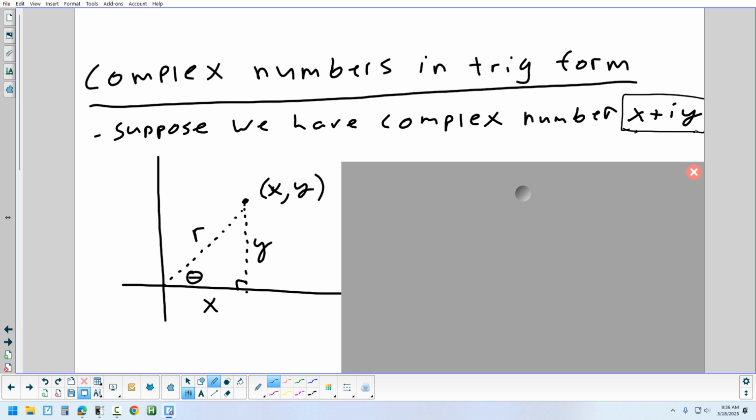I could use a and b. And you notice I put the i before the y. That is not how you do it in standard form. Usually you put the i after. The reason I put the i before is because we're going to be getting a formula, and I'm trying to match up what I'm going to give you with what's also in your book. And they have the i before.